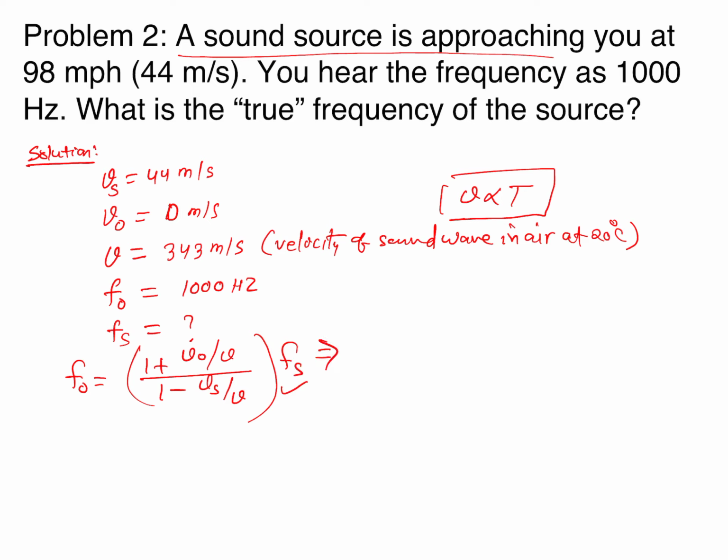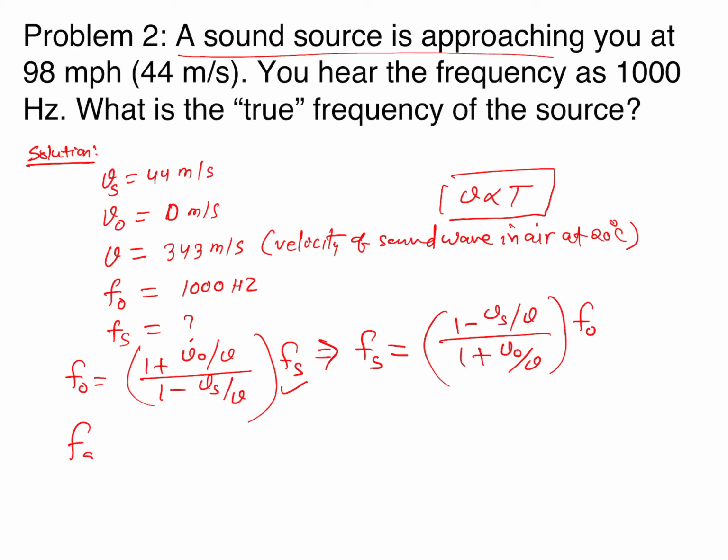But we need to find fs, so let us rearrange it. fs is 1 minus vs over v, divided by 1 plus v naught over v, times f naught.